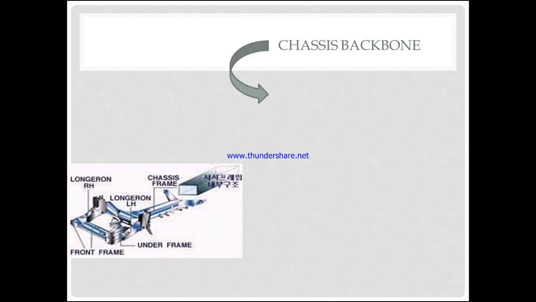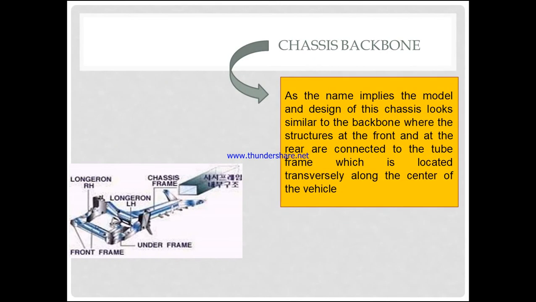Backbone chassis. As the name implies, the model and design of the chassis look similar to a backbone, where the structure at the front and at the rear is connected to a tube frame located along the center of the vehicle. Backbone chassis models almost all have a rigid structure, and this chassis has the ability to withstand loads on it.